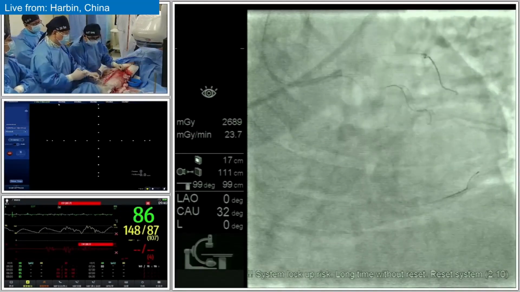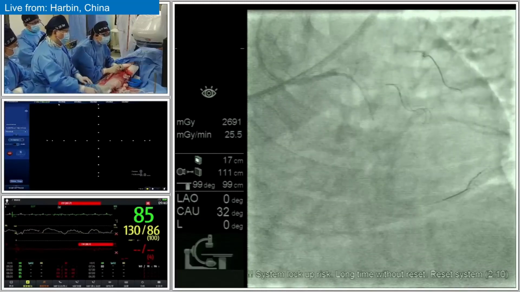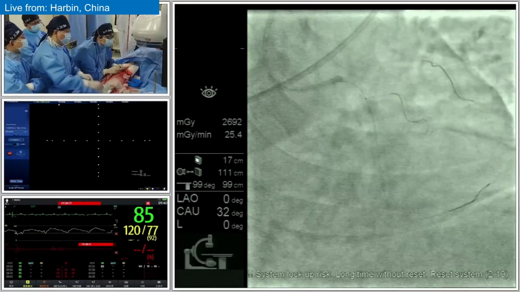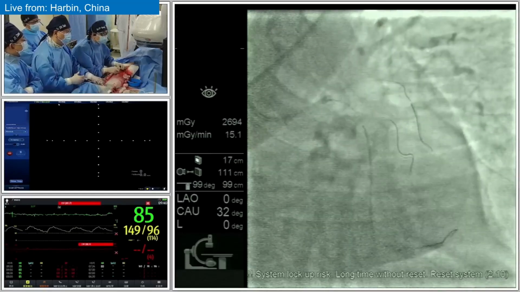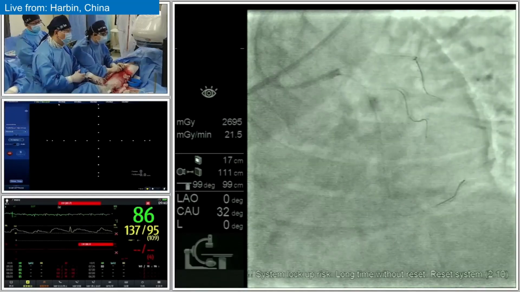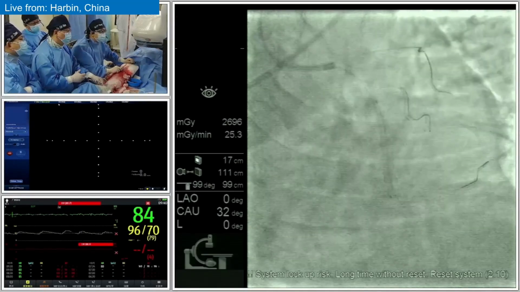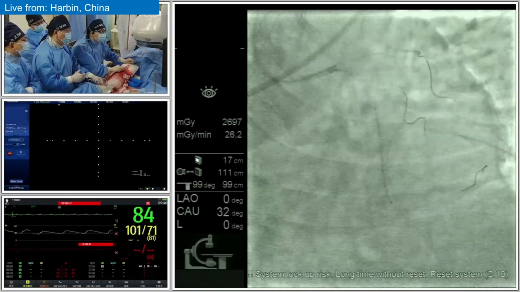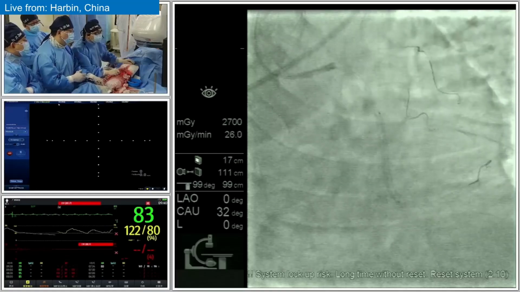For the RCA, I think after the CTO segment is successfully recanalized and the collateral injection cannot be used, we will remove the collateral donor vessel guide wire.